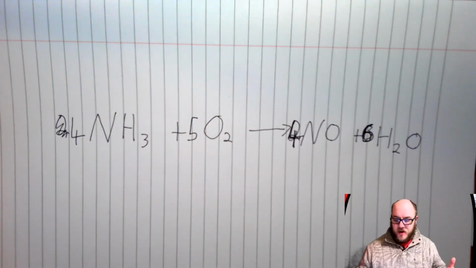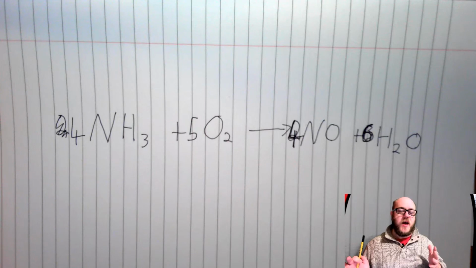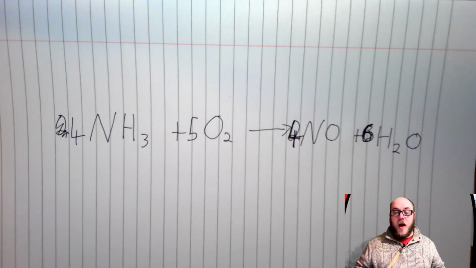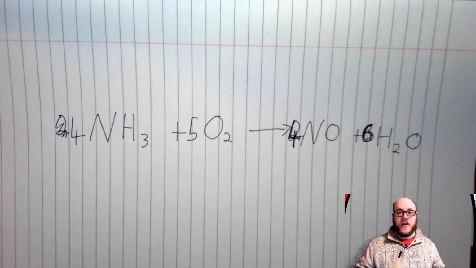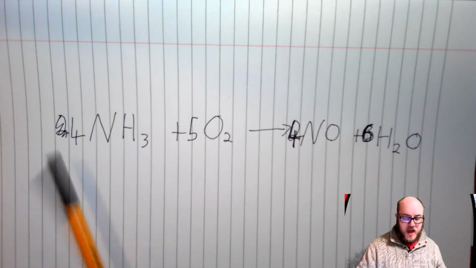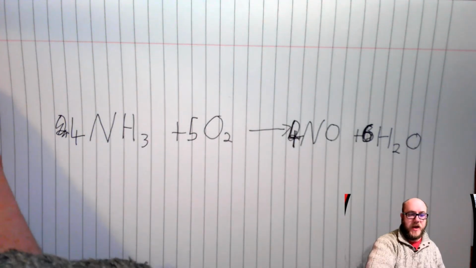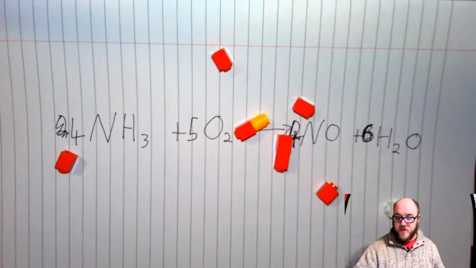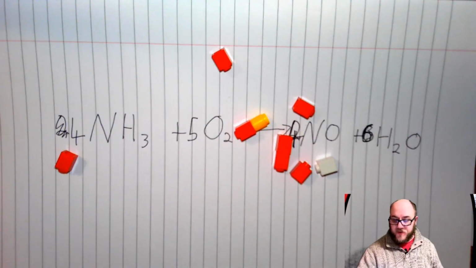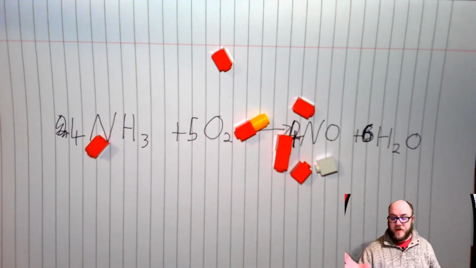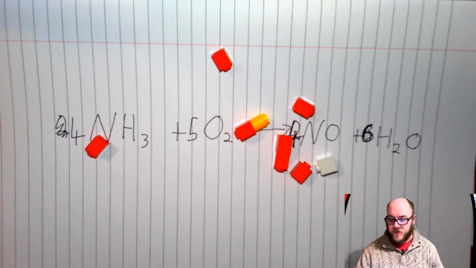So there we have it. Those 15 equations all balanced. Practice, practice, practice. With the understanding of what you're doing, if need be, get yourself some little Lego blocks, or even marbles of different colours, as long as you can arrange them and you know which atoms are which.